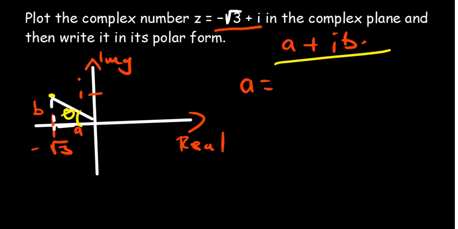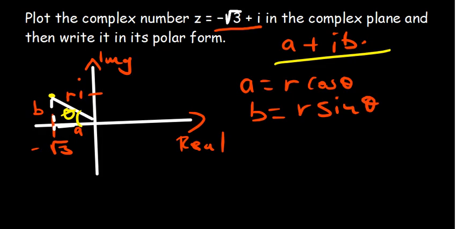Let's say R is the absolute value of the hypotenuse. So your A is going to be R cos theta, then your B is going to be R sin theta.